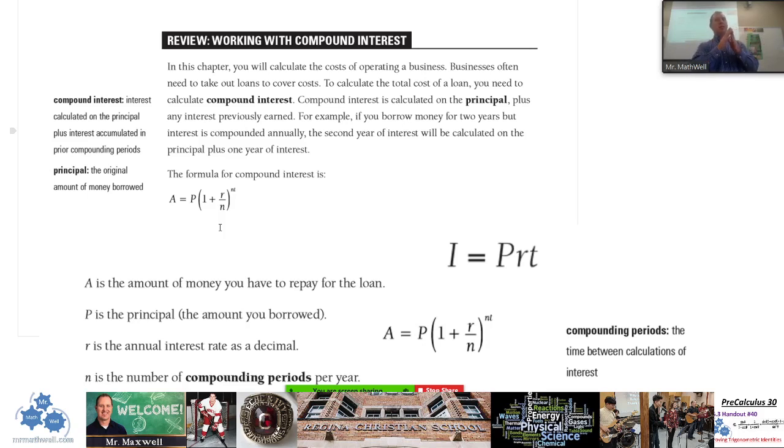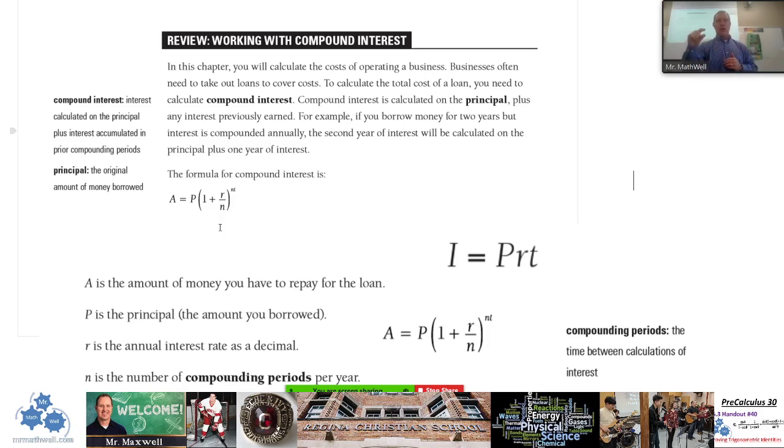So that means now you owe $1,100. The next year, that 10% is not on the original like simple interest, but on what you currently owe. So it's 10% of 1,100. Now the second year you owe $110 extra. You see? And that gets added. And each year it builds.